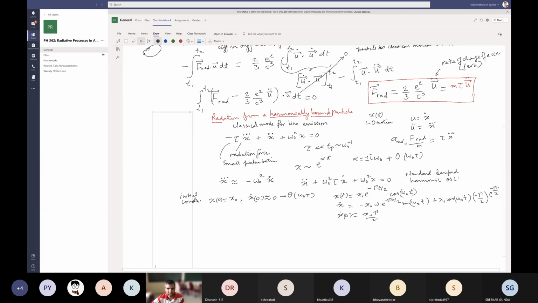Let me tell you what gamma is. Gamma is equal to omega naught squared tau. This is the definition of gamma, basically this coefficient.